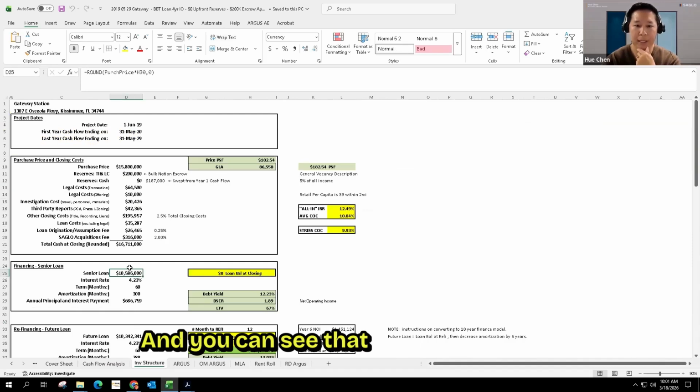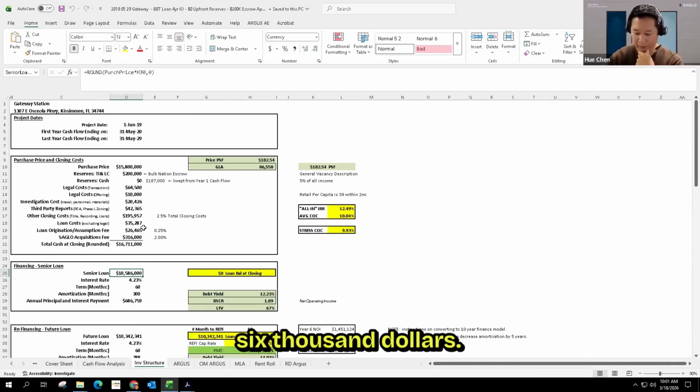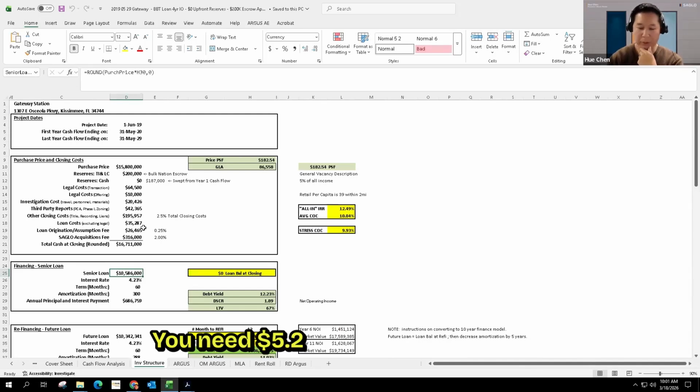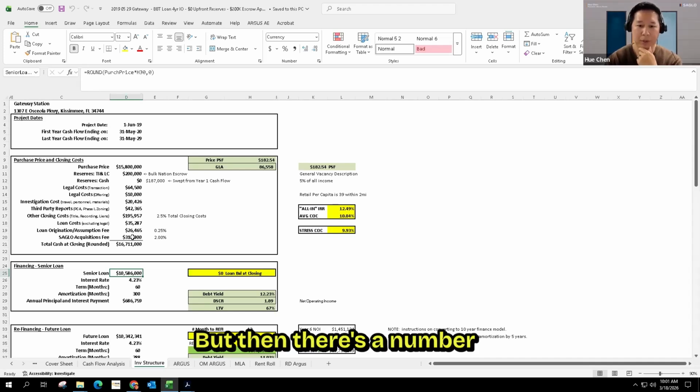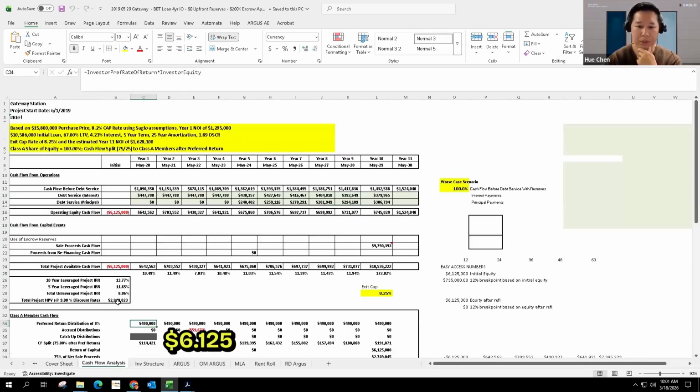You can see where that came from: if the loan is $10,586,000, you need $5.2 million just as 35% of the purchase price. But then there's a number of transaction costs that you have as well. So that totals to $6.12 million.